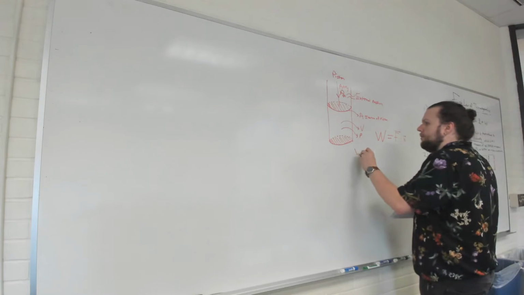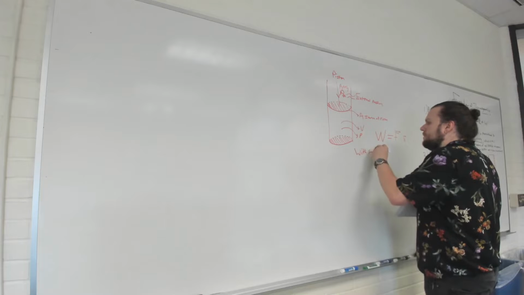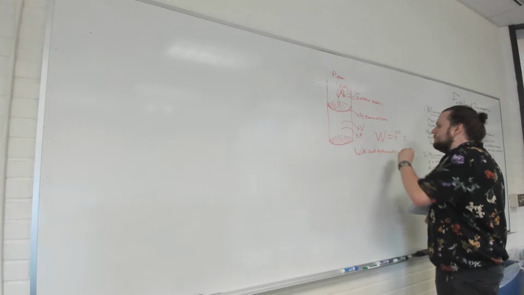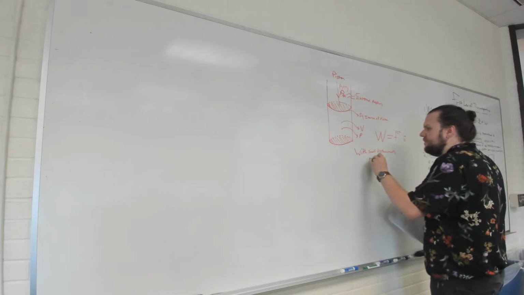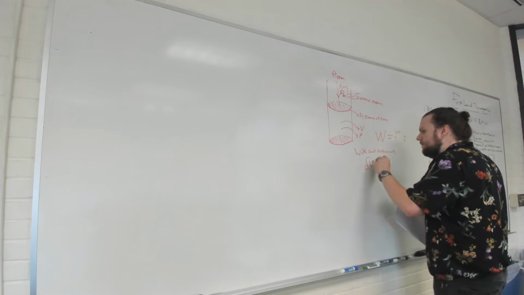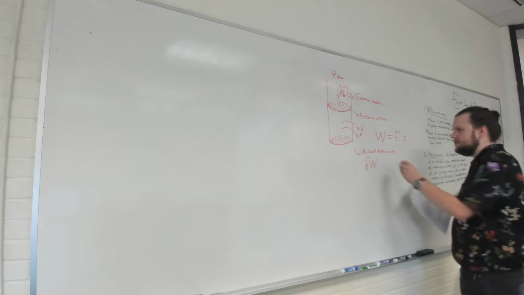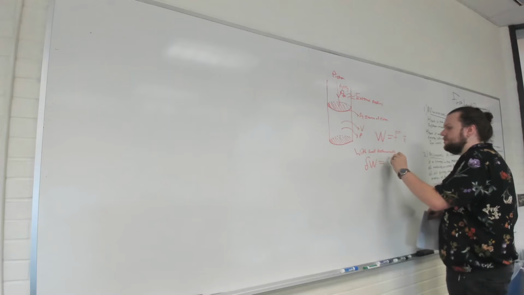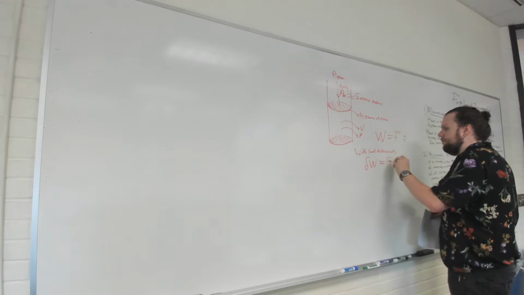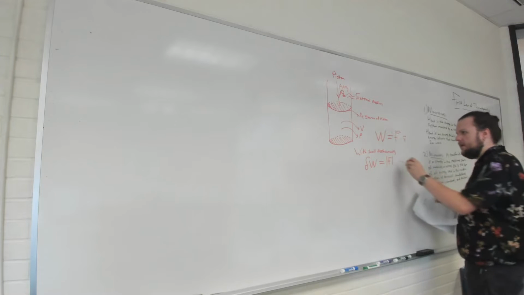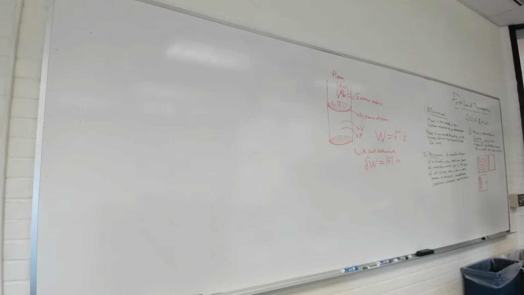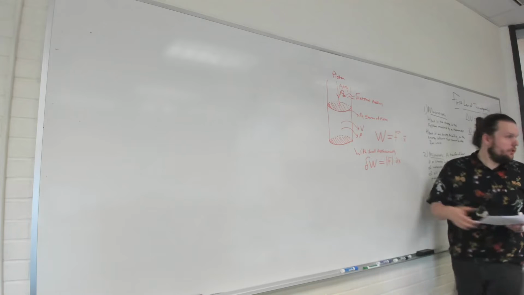With small displacements, we can say that the small change in the work, delta W, for a constant force, a constant external pressure, is the magnitude of the force times a small change in the displacement. We're just going to do a little bit of calculus.